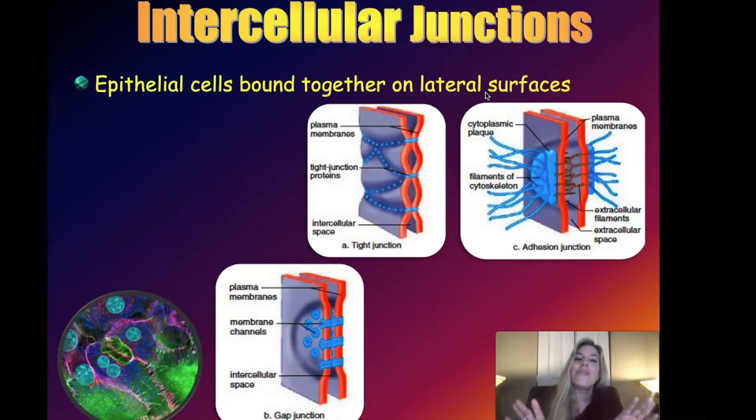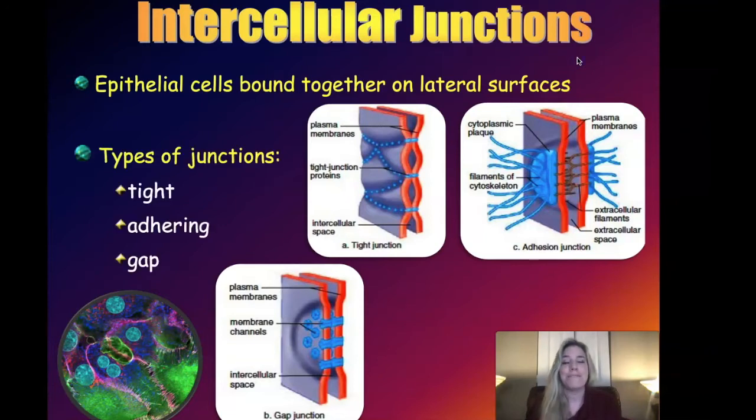And so cells have evolved to use certain protein structures to either bridge the gap between two cells that are next to each other, or to hold them tight so that nothing can get through. So let's talk about some of these different types of intercellular junctions that epithelial cells have to regulate what can go in or out of the sides, the lateral surfaces of the cells.